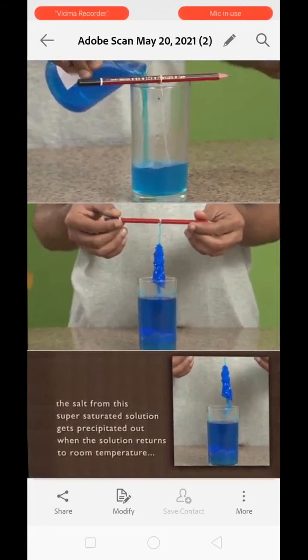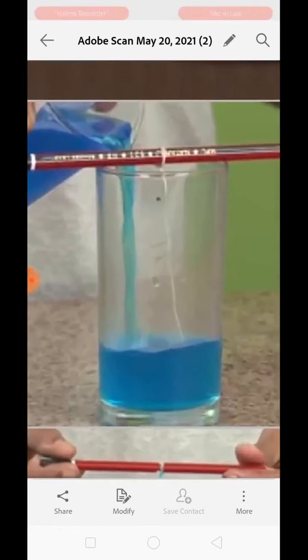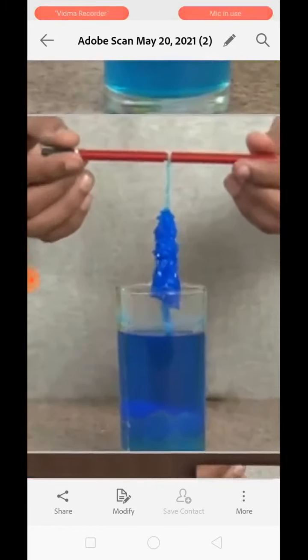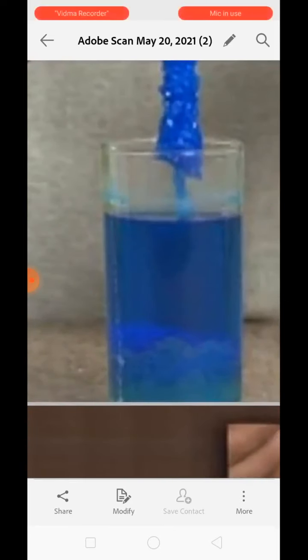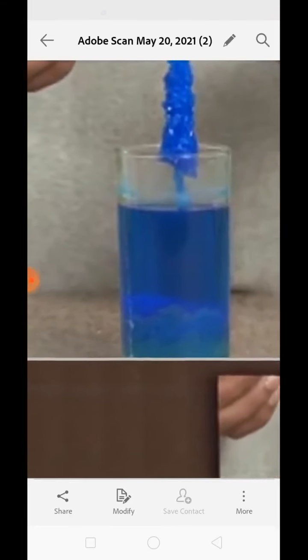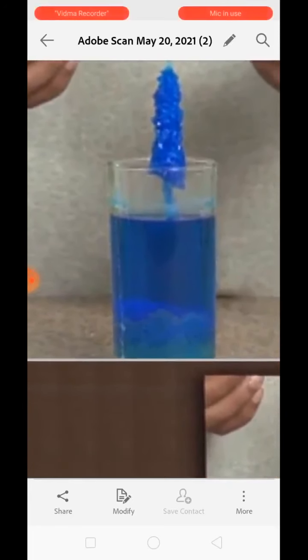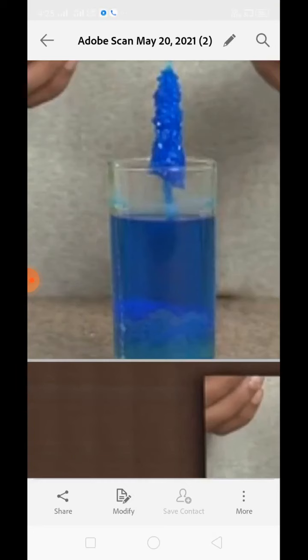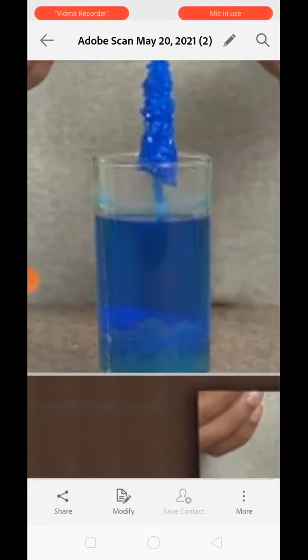The salt from this supersaturated solution gets precipitated out when the solution returns to a cool temperature. Over here it was very warm, but when we leave it in the open for a very long period of time, what will happen? It will get cooled down. And because of the cooled condition, what will happen? The extra copper sulfate which we added in this glass will start to get deposited.